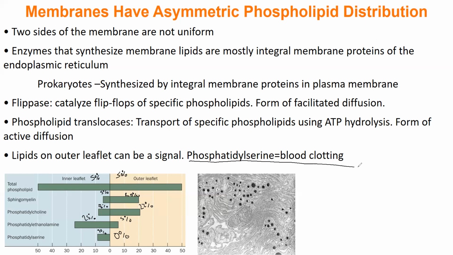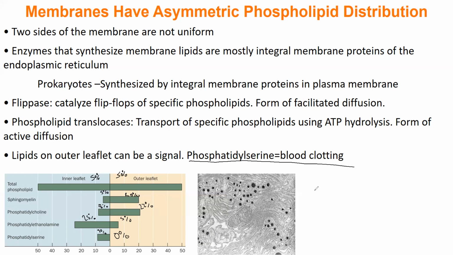So that's one reason why the lipid leaflet is not the same on each side. So the question is, how does this happen? How do we have two sides be that different?